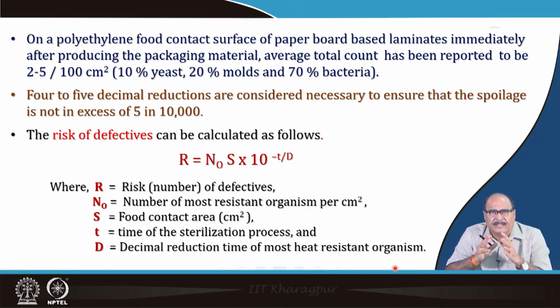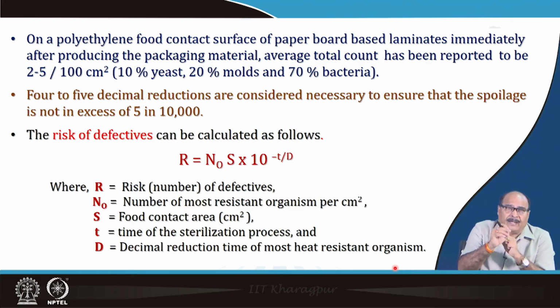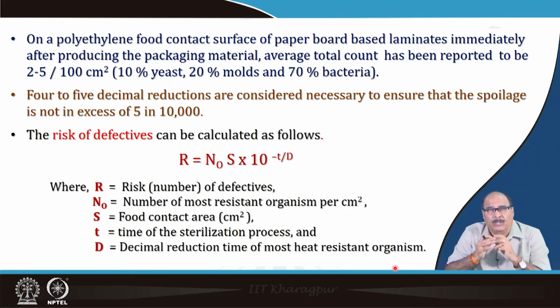So, 4 to 5 decimal reductions are considered necessary to ensure that the spoilage is not in excess of 5 in 10,000 containers. So, the risk of defect can be calculated, and the value of R should be maintained below 5 in 10,000.